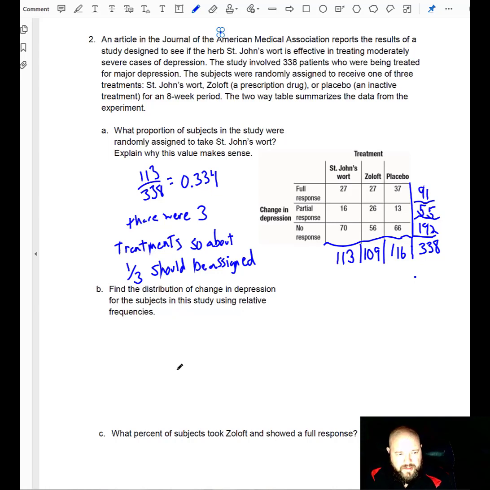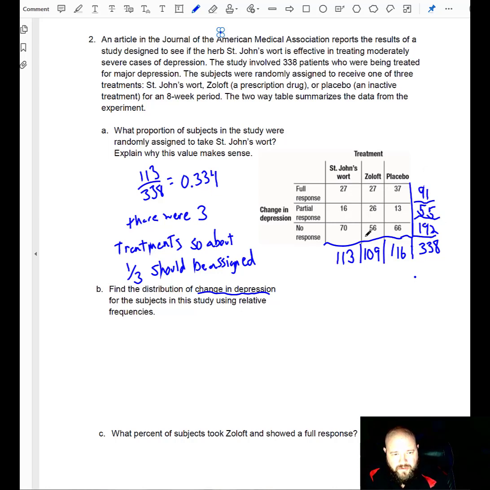So for part B here, it says find the distribution of change in depression for the subjects in the study using relative frequencies. So change in depression, that's the key thing right here. Well, that's looking at these guys right here, right? So not the treatment in the columns, but the rows.